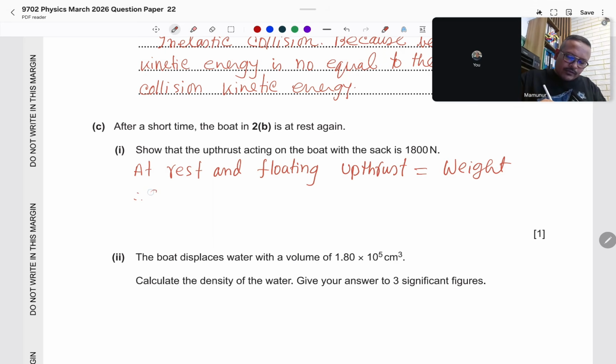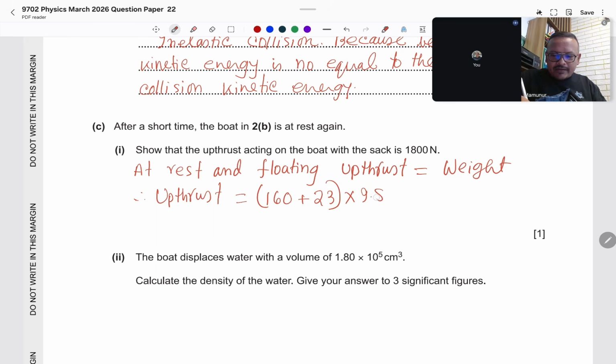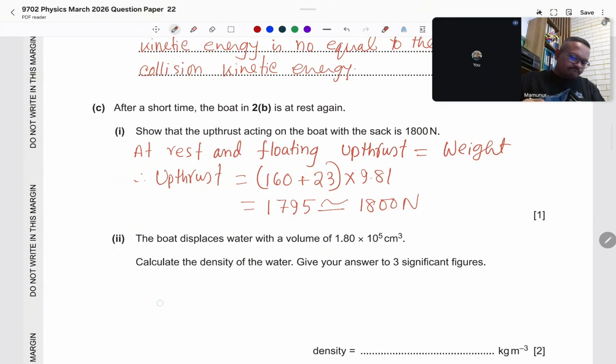So upthrust equals the total mass, 160 plus 23, into 9.81, and it's 1795, approximately equal to 1800 Newton.